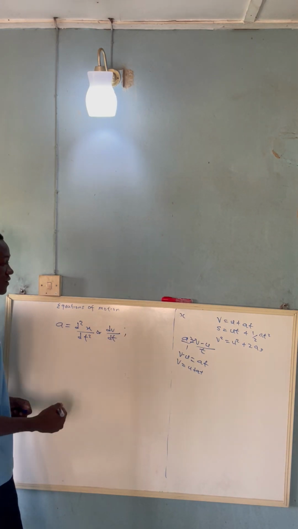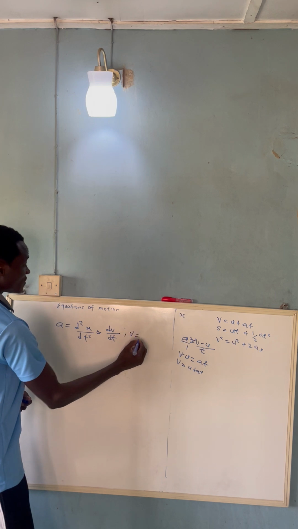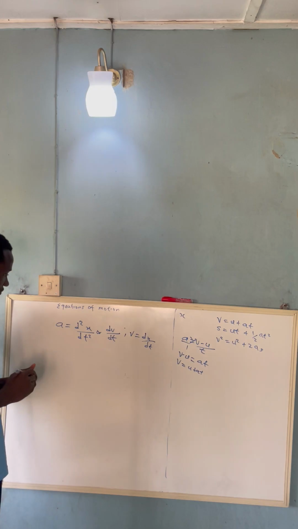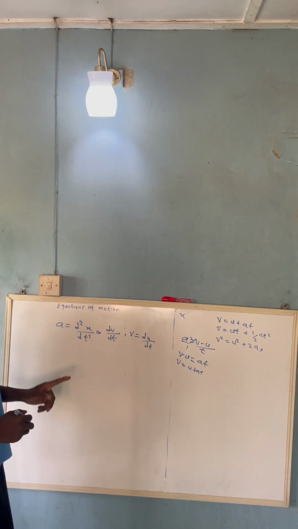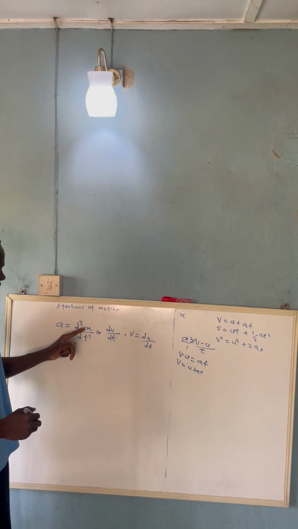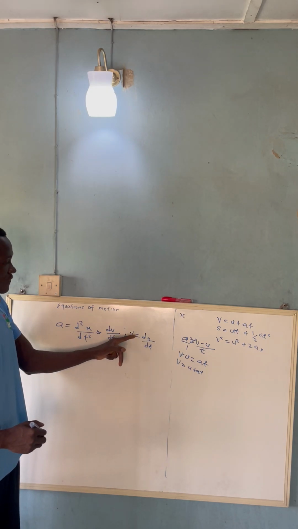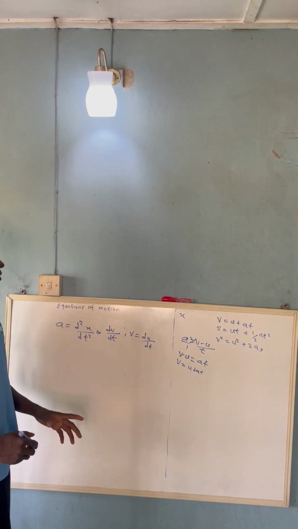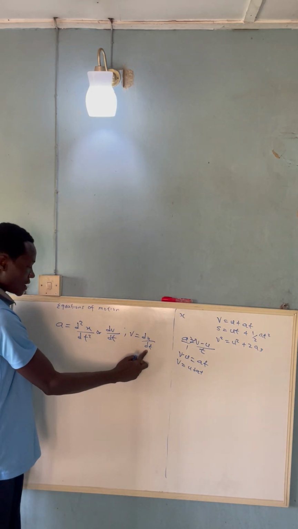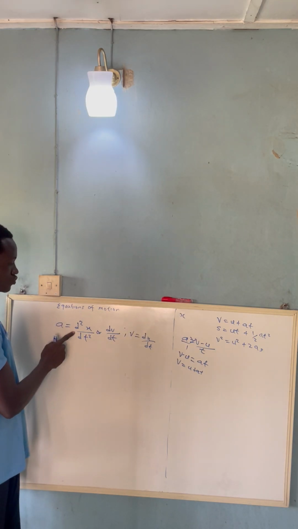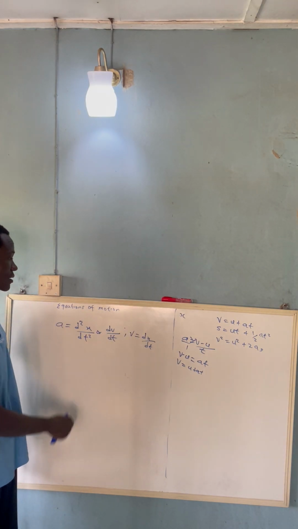Then for velocity, velocity is the first derivative of displacement, which is dx/dt. So look at acceleration and velocity. Acceleration is the second derivative of displacement, x, while velocity is the first derivative of displacement. If I differentiate velocity again, I will have acceleration, so the second derivative is d²x/dt².